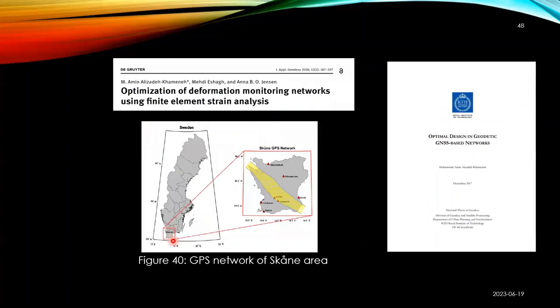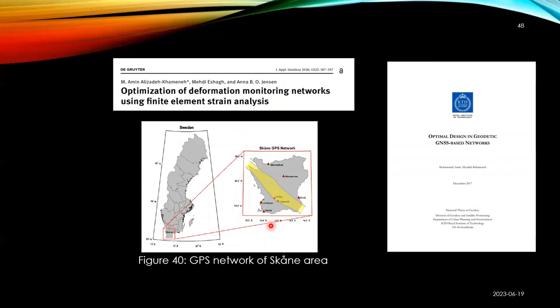He also did another study on an earthquake network in the Skåne area in Sweden, as you see here. There are some points here, but I wanted him not to just look at the quality or the precision of the data.